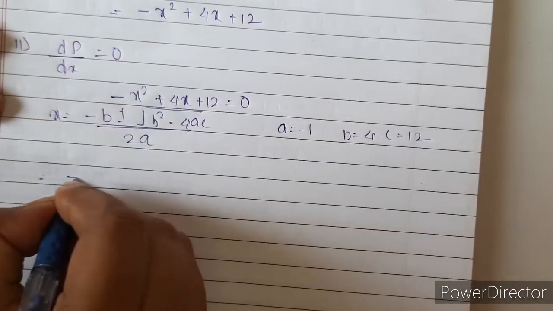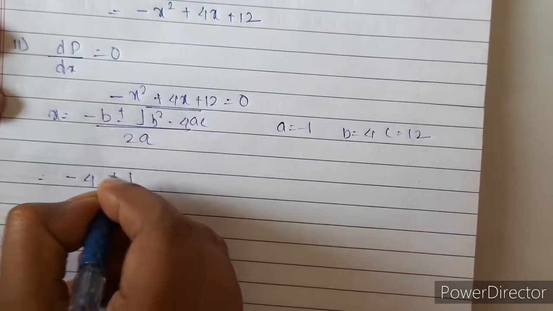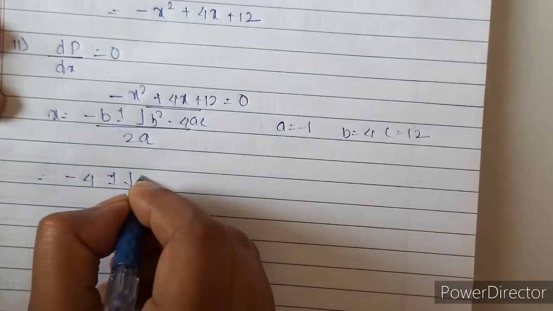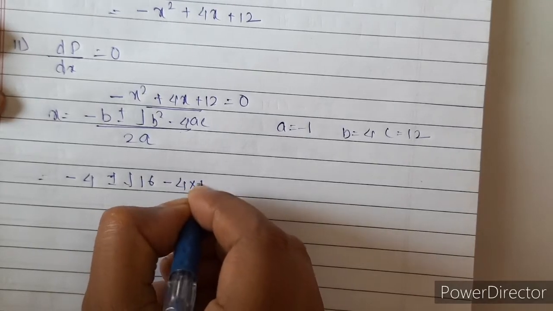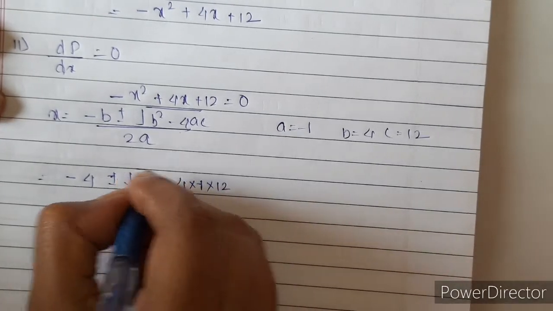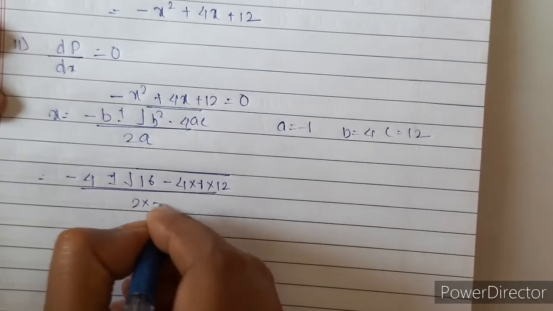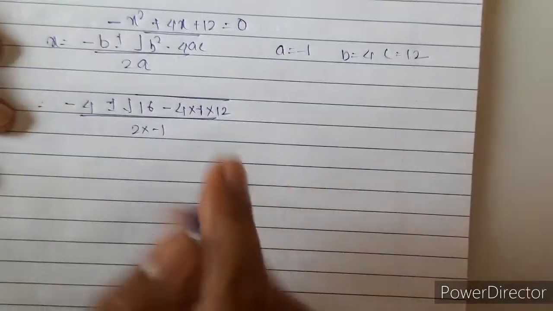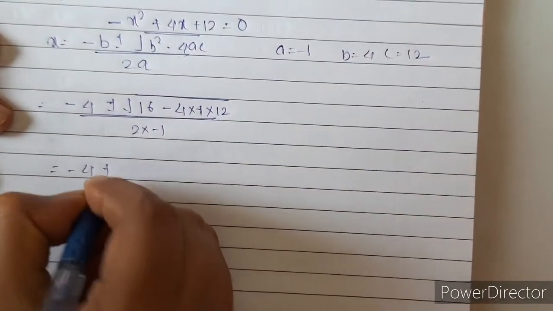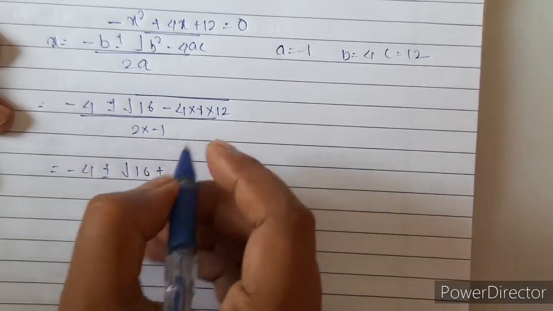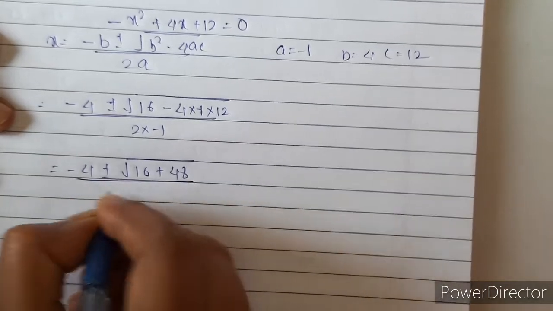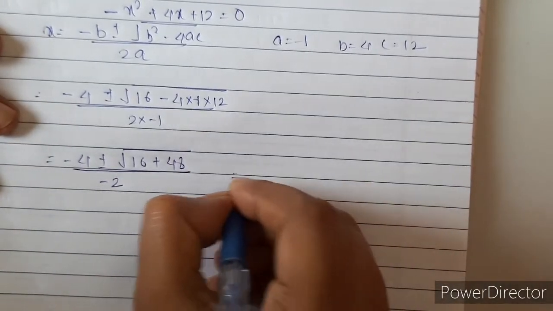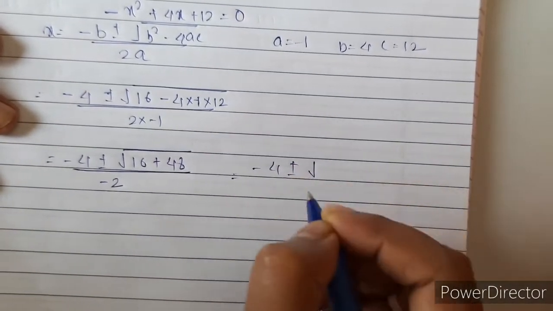So just substitute minus 4 plus or minus root of, I am directly writing, b square will be 16 minus 4 into a, that is minus 1 into 12, divided by 2 times a. So this is minus 4 plus or minus root of 16 plus 48 by minus 2.